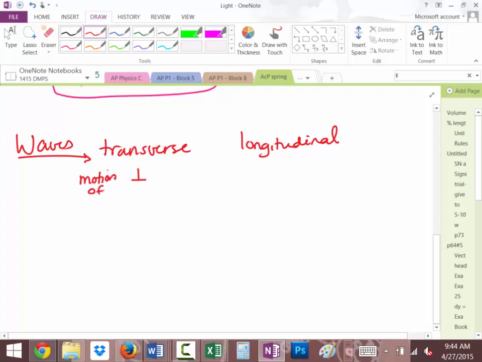Did you guys talk about a medium? Does that sound like a word that you know? The motion of the medium, the thing the wave travels through, is perpendicular to the motion of the wave.